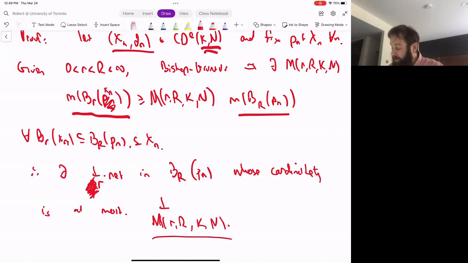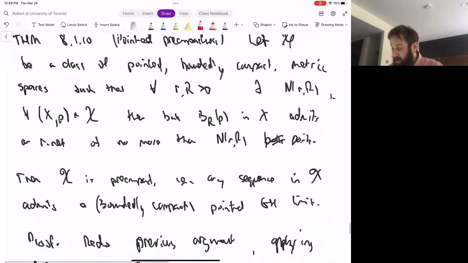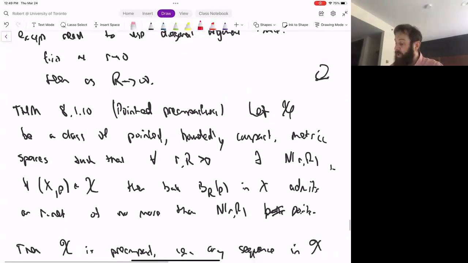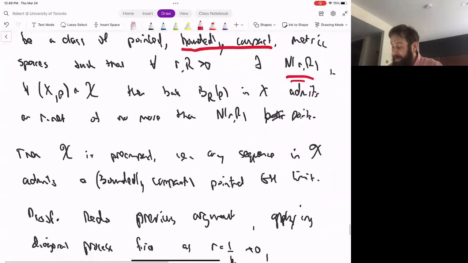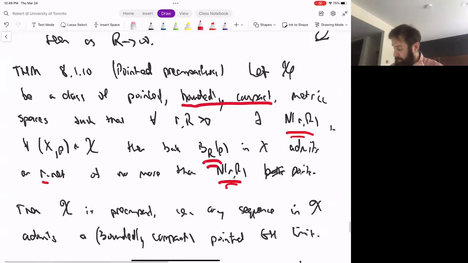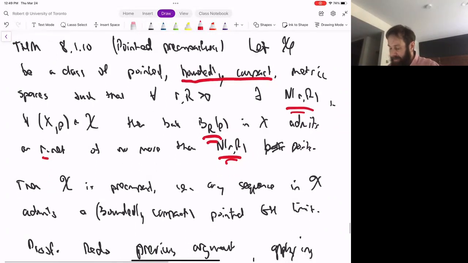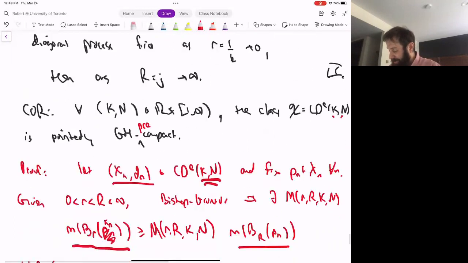And so now the theorem applies, because, oh yes, we also checked that CDKN spaces are boundedly compact. The theorem says, as long as I have this uniform N such that the ball of radius big R contains a little r net with no more than that bounded number of points, then I can extract a Gromov-Hausdorff limit. Did I never finish stating the theorem? Oh yes, then X is precompact, so any sequence admits a boundedly compact pointed GH limit.